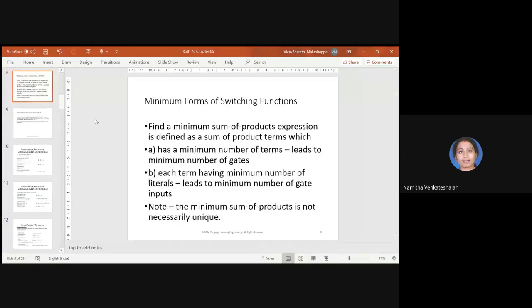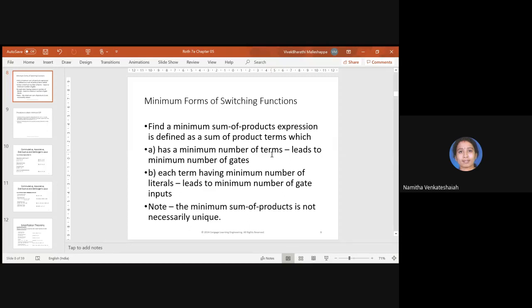One is a minimum number of terms. When you have a minimum number of terms, the gates required will be less. And you can achieve a minimum number of literals. When you have a minimum number of literals, it leads to a minimum number of gate inputs.